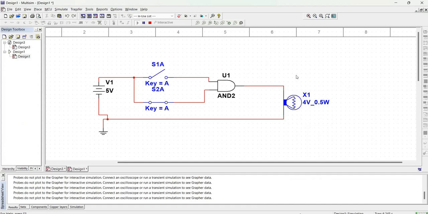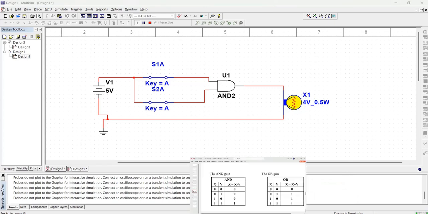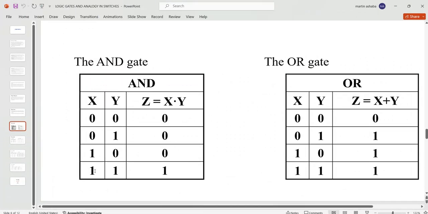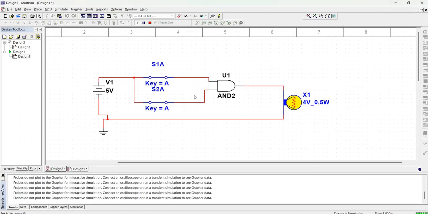So still we don't have a light here, meaning the output is low. Now let us close this switch. Wow, you can see when all the inputs are high, the output is high. That is the operation of the AND gate.